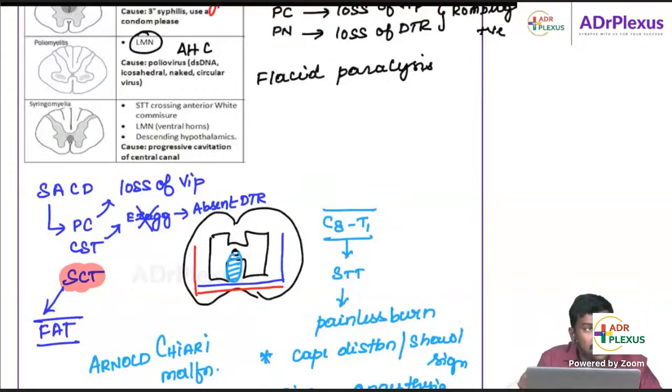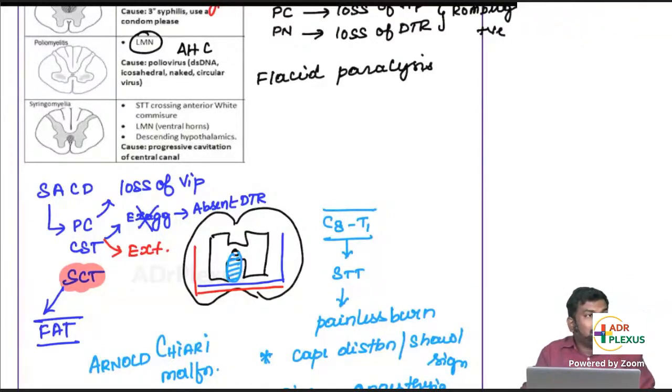Absent or diminished DTR. Okay. Rather, in corticospinal tract involvement, how will the plantar reflex be? The plantar reflex will be extensor. So whenever they ask you in any question, a patient comes with absent DTR with an extensor plantar reflex, what will be your answer? It will be SACD. Okay.